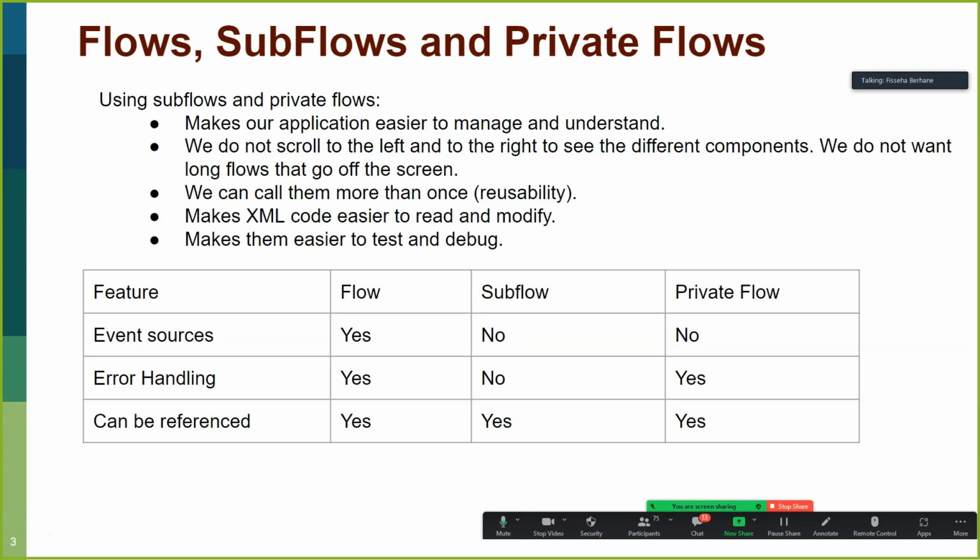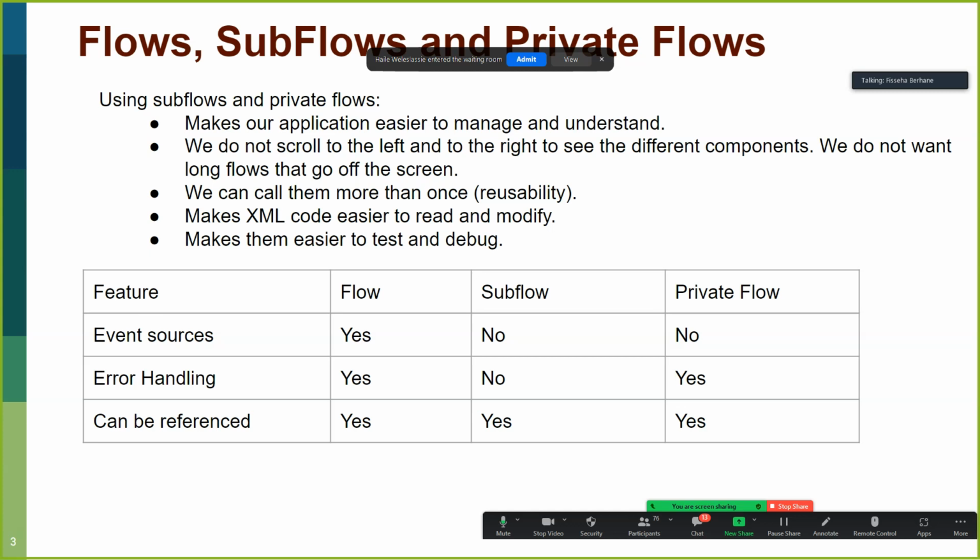Subflow doesn't have either of them: it doesn't have event sources like an HTTP listener or a scheduler, and it doesn't have an error handler, whereas a private flow has an error handler. So one of the main differences between subflow and private flow is that a private flow has an error handler, whereas a subflow doesn't have an error handler or source trigger. The main flow that refers to the subflows will have the source trigger, processors, and error handler.